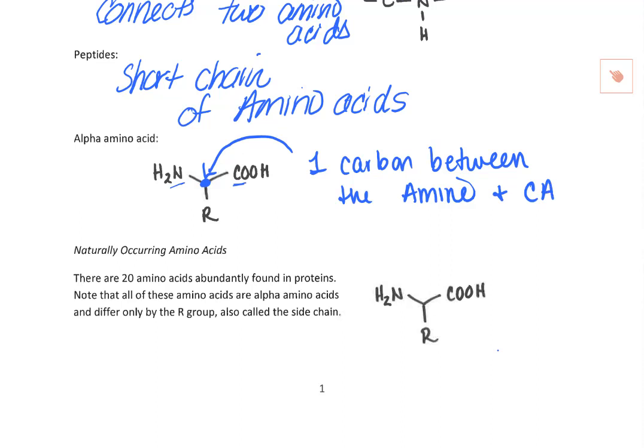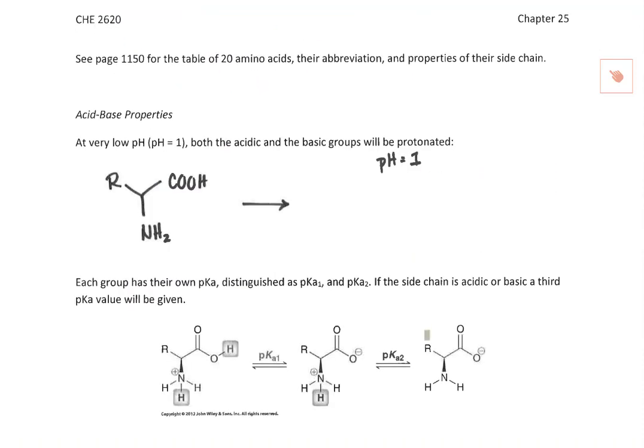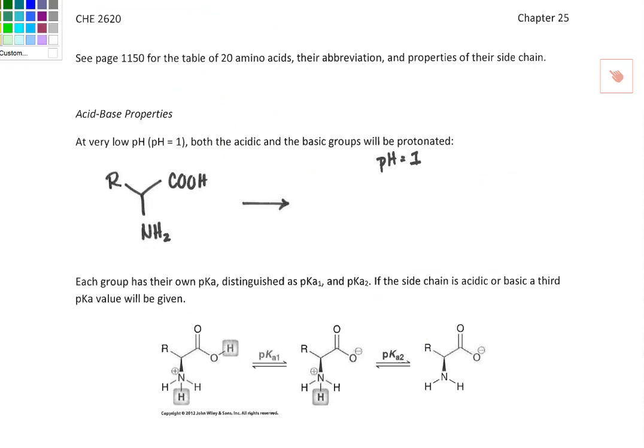So you've probably heard of all 20 amino acids that are naturally occurring, and you probably also know that what they have in common is this part. And what changes is the identity of the R group, which is also called a side chain. We do not memorize the structure of amino acids. We save the specific structures and their abbreviations for biochemistry.